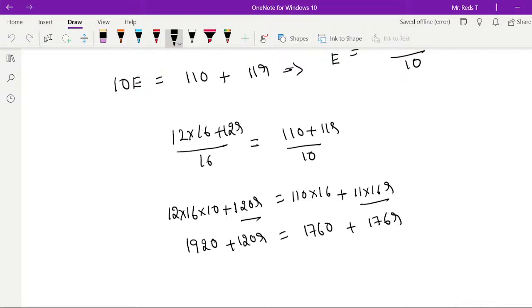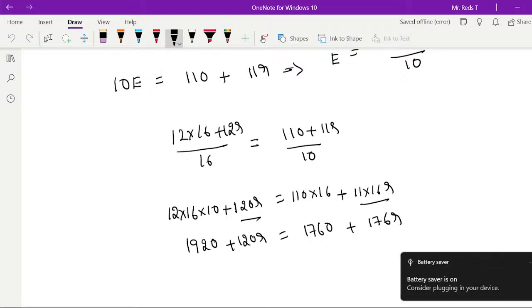You can write it as 176 minus 120, that is 56R, is equal to 1920 minus 1760.